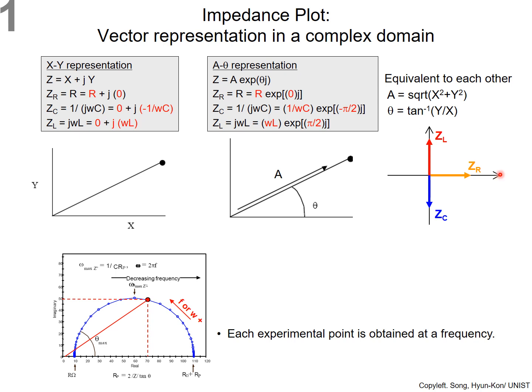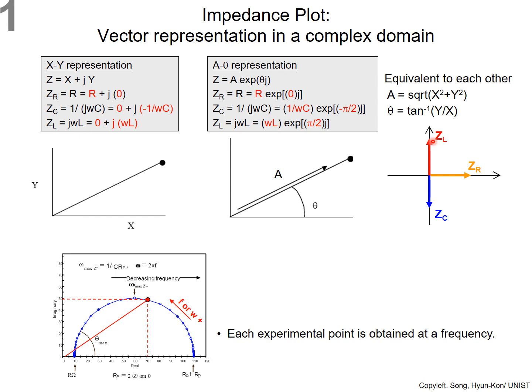Again, the x-axis is the real part of impedance and the y-axis is the imaginary part. We could locate three different basis vectors. The first basis vector is the resistor vector, and this vector is on the x-axis. The other two vectors are on the y-axis. For the capacitor, you have this basis vector, and here is the inductor vector.